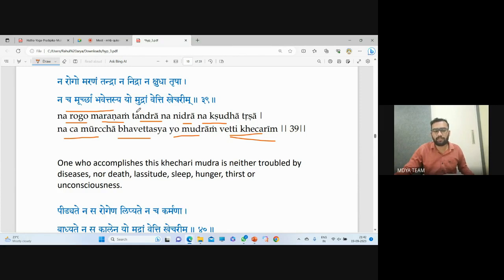And tandra, all kinds of laziness will not be in the yogi's body. He will be free from drowsiness. Nidra: when he is sleeping, sleeping is under his control.